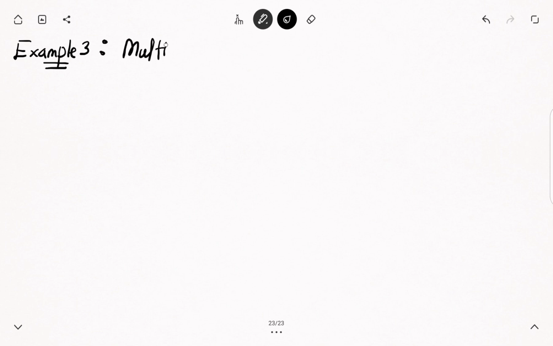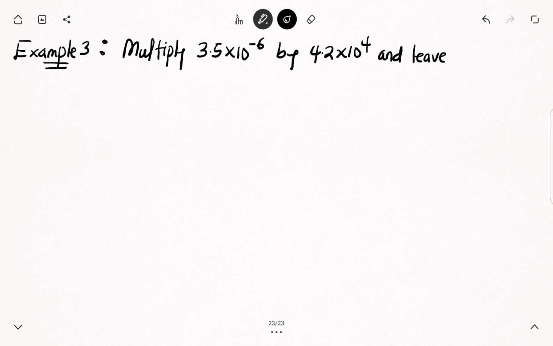Multiply 3.5 times 10 raised to the power minus 6 by 4.2 times 10 raised to the power positive 4, and leave our answer in standard form.